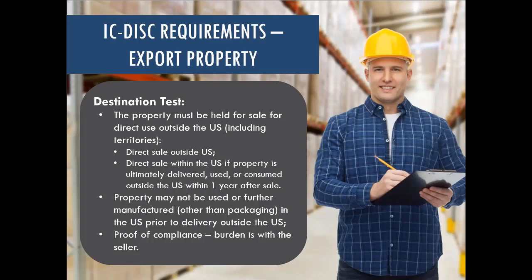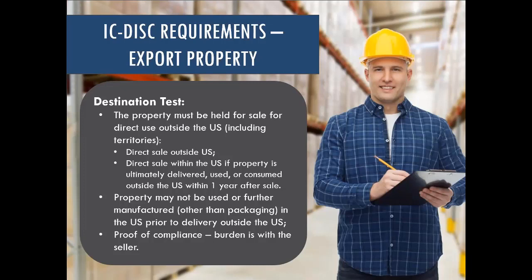However, the property cannot be used or further manufactured in the US prior to it being delivered outside the US. So in that example, you sell it to a US customer, deliver it to a US address, and they are going to use the property outside the US, but let's say they use it for a day in the US, and then they deliver it outside the US for use.